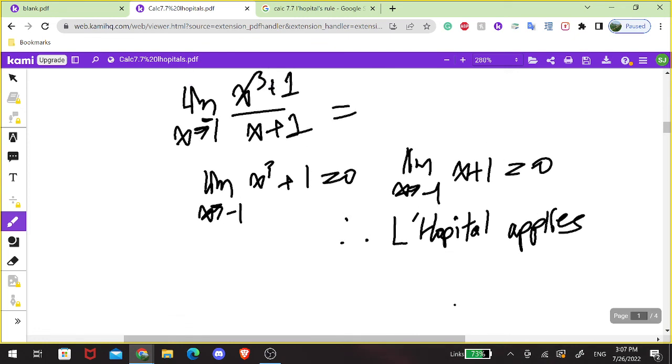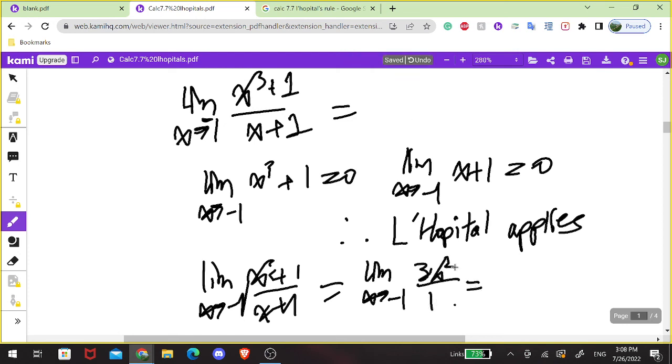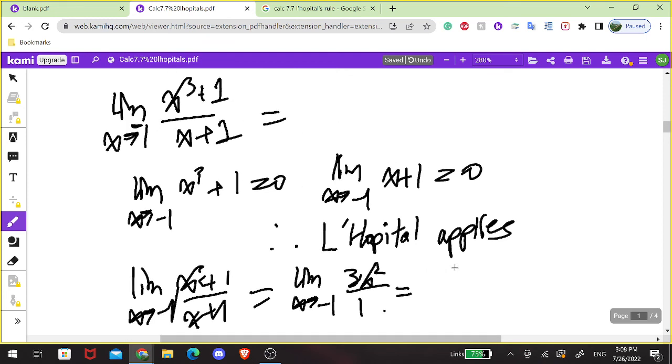Now you take the derivative, then you write the limit as x approaches negative 1 of (x cubed plus 1) over (x plus 1), which is just a rewrite of the problem up here. That will be equal to the limit as x approaches negative 1 of 3x squared over 1.